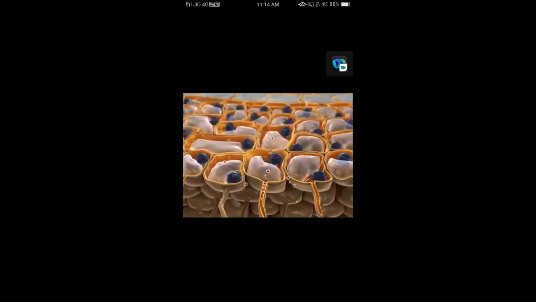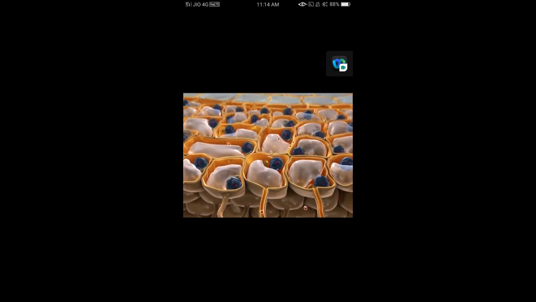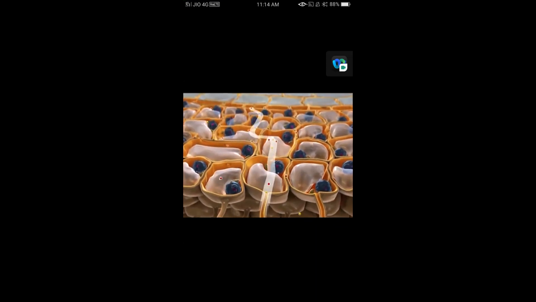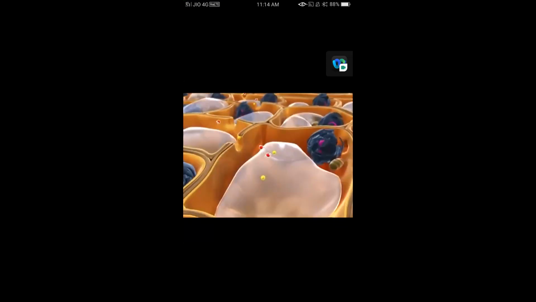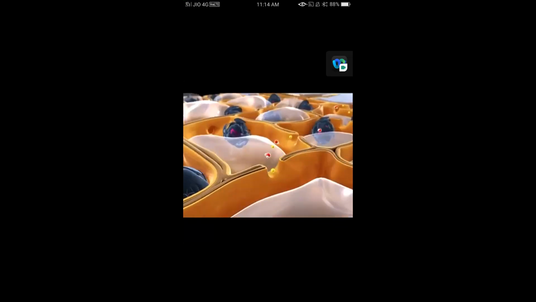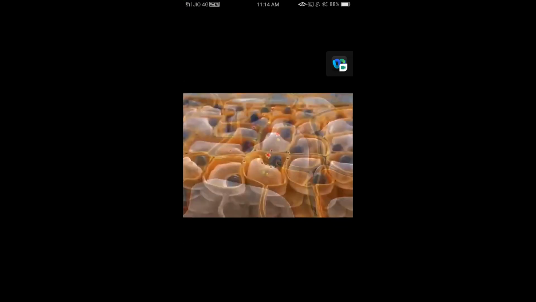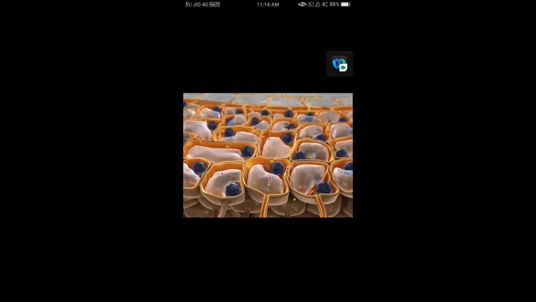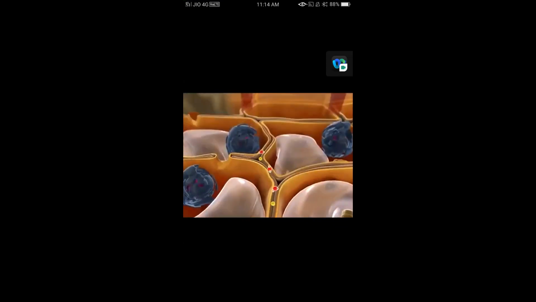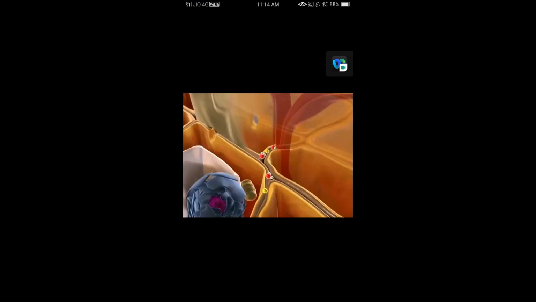The first pathway is through the cytoplasmic strands, through the plasmodesmata. You can see the gaps between the cells. The other pathway is the apoplast, through the intercellular spaces, that means between the walls. So this is how finally the water enters into the xylem.